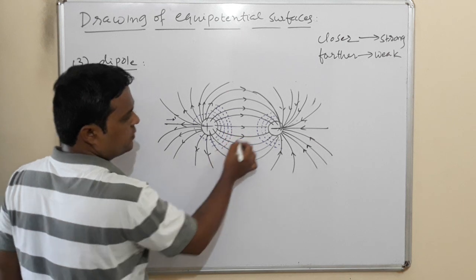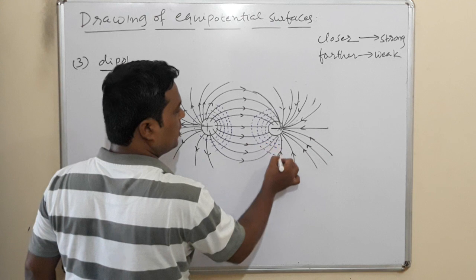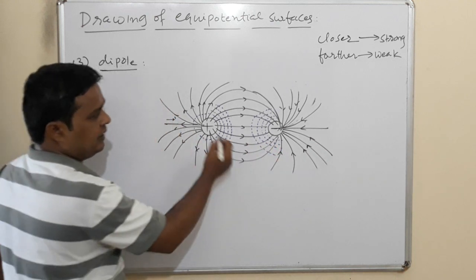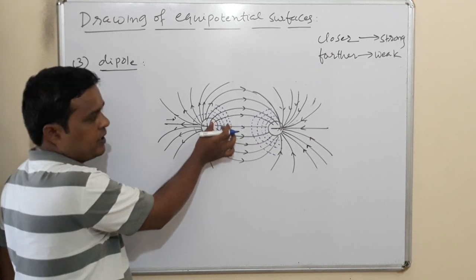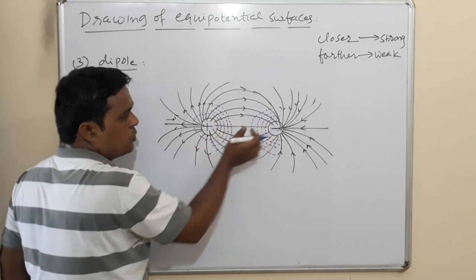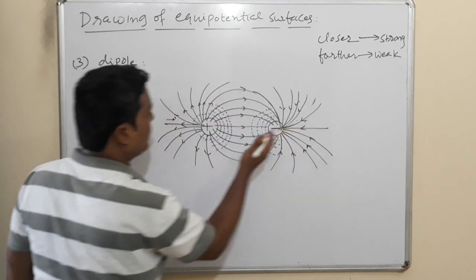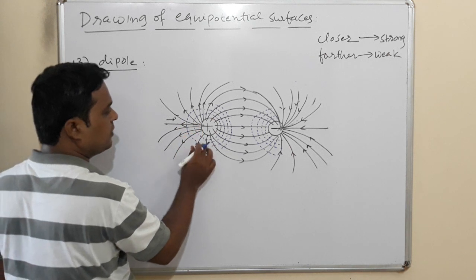One more, this is the fourth circle. In this region, strong field is there. That means they must be close to each other. And in this region, strong field is there, so they must be close. Outside these two charges, when you go, observe it carefully.